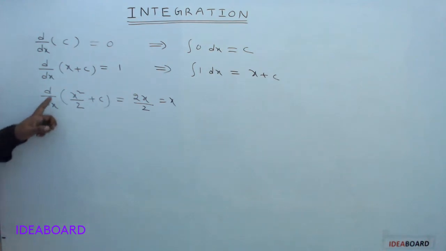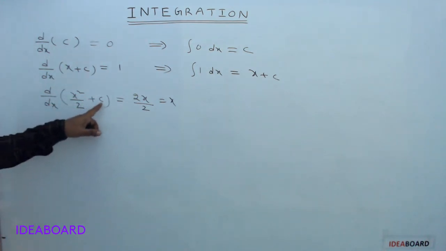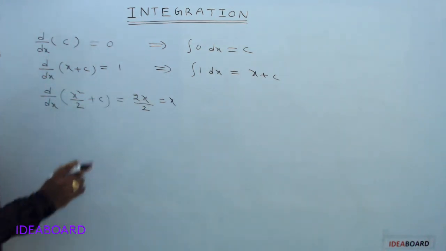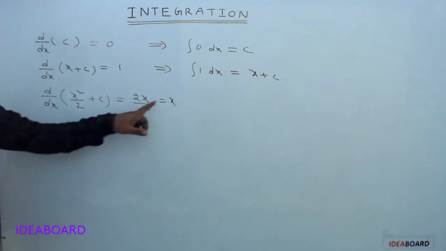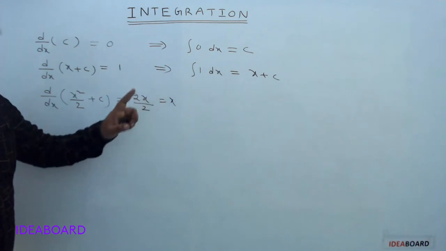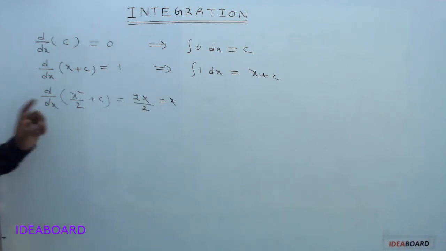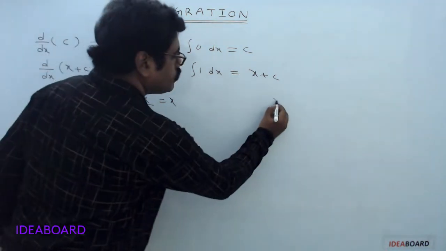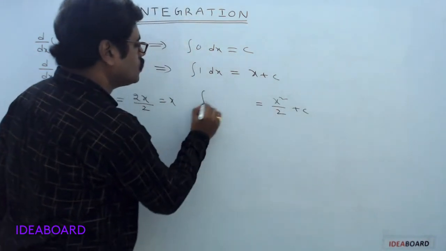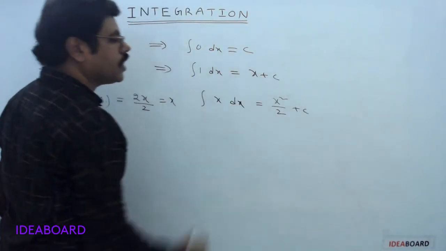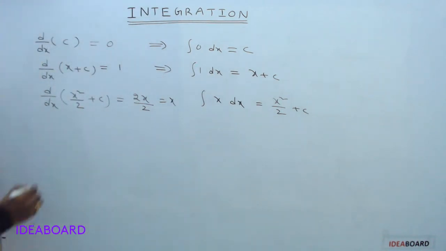If derivative of x square by 2 plus c is x, then this x square by 2 plus c is called integral of a function x with respect to x. It can be written as x square by 2 plus c equals integral x dx.